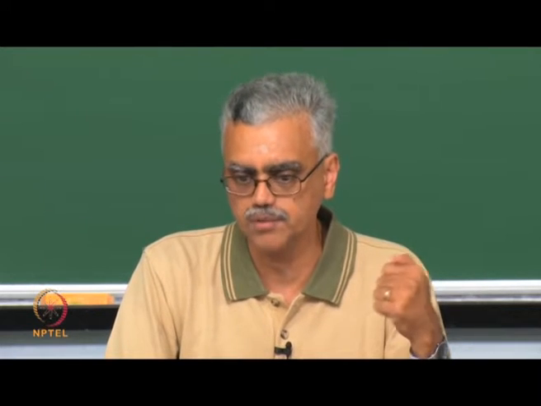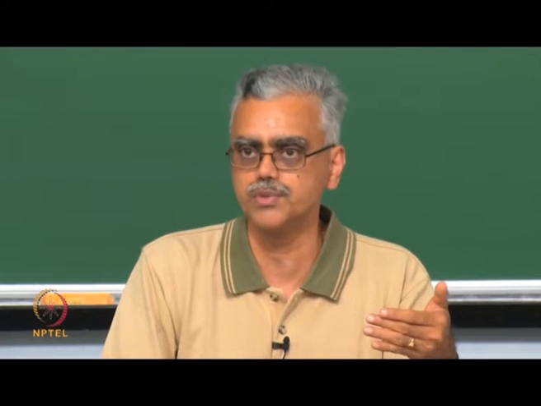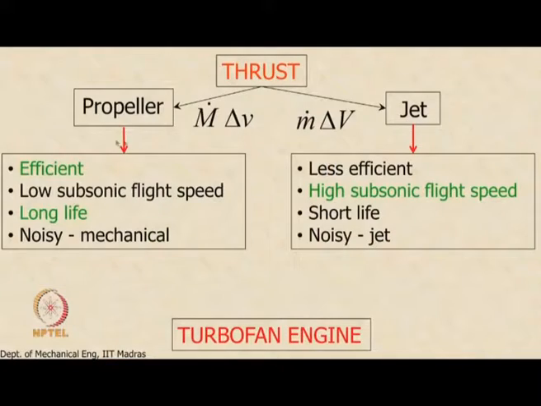But at the same time, I want to make sure that I can attain high subsonic flight speeds. So the idea is, why not produce the bulk of the thrust using this type of idea and produce the rest of the thrust using that type of idea, while retaining this advantage, right. That is what a turbofan does.